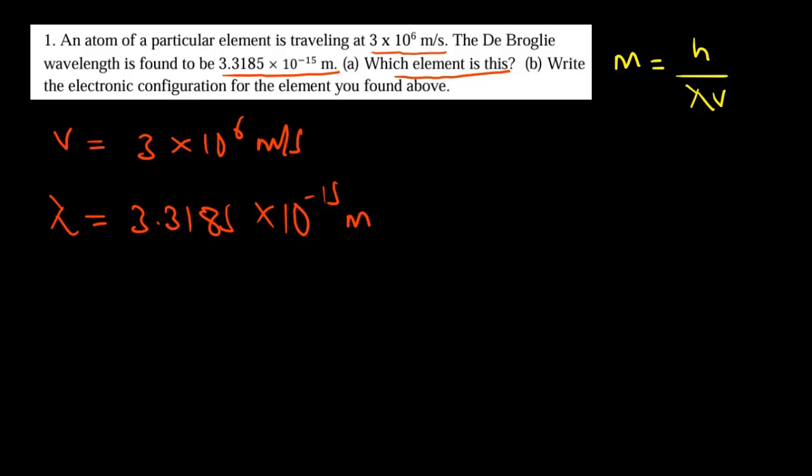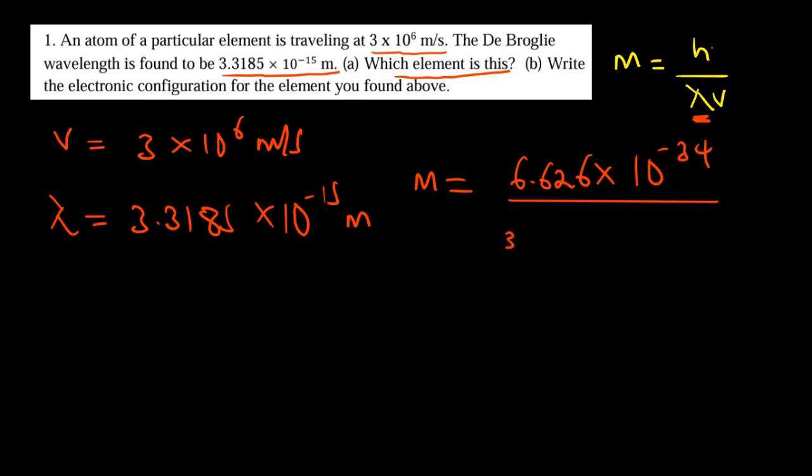The mass here will just be equal to h, a constant we call Planck's constant, which has a value of 6.626 multiplied by 10 to the power minus 34. And then here we divide by the wavelength, which is 3.3185 times 10 to the power minus 15.